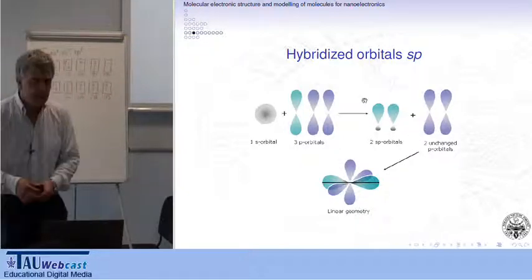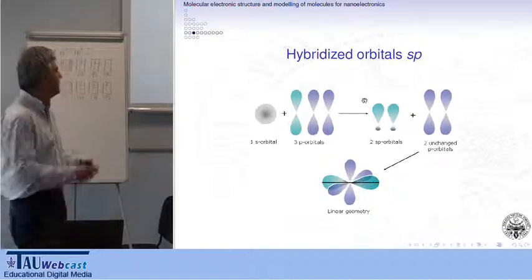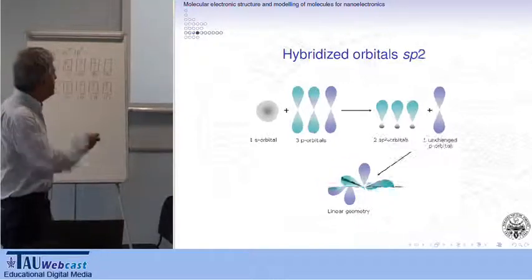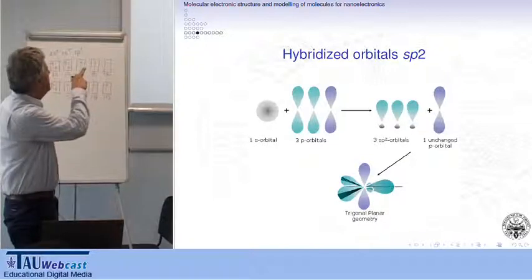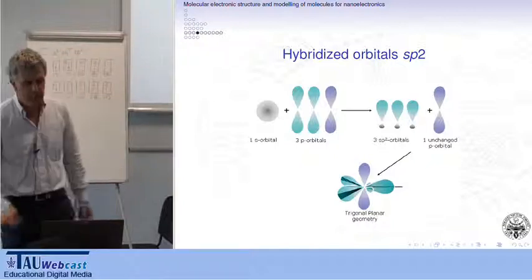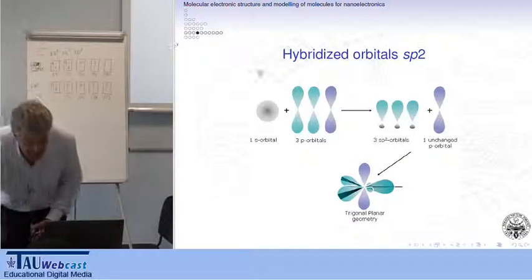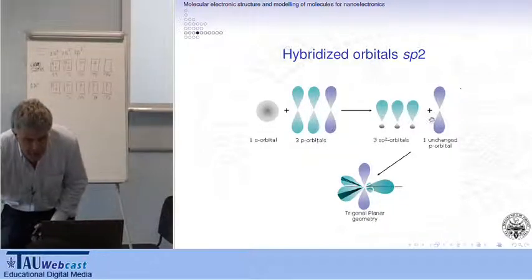We can continue, and this kind of interaction can be, this time, between the 2s orbital and two 2p orbitals. In this case, we will produce 3 sp2 orbitals, this one, and just one p orbital will be unchanged.